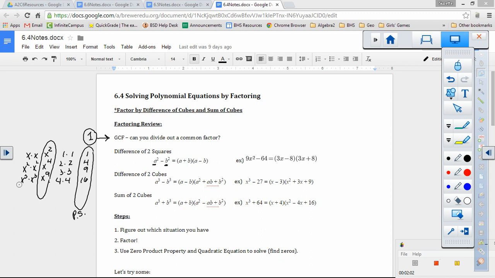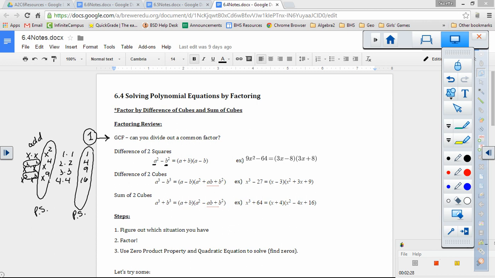Because remember, you add the exponents when you're multiplying variables. So if you're adding these exponents, you're looking for exponents that are exactly the same, that are going to give you that combined exponent for your end product. So 2 plus 2 would give me the 4. 3 plus 3 would give me the 9. So these are perfect squares.